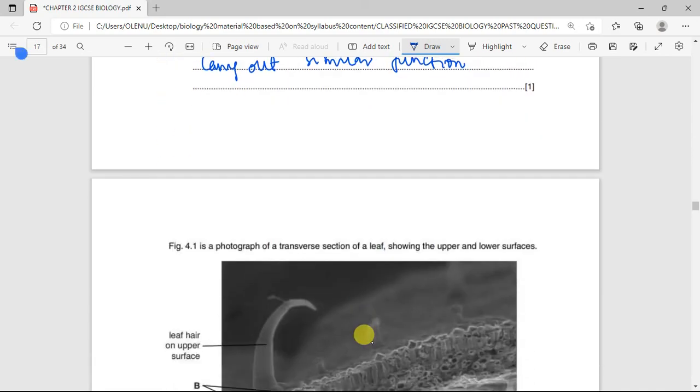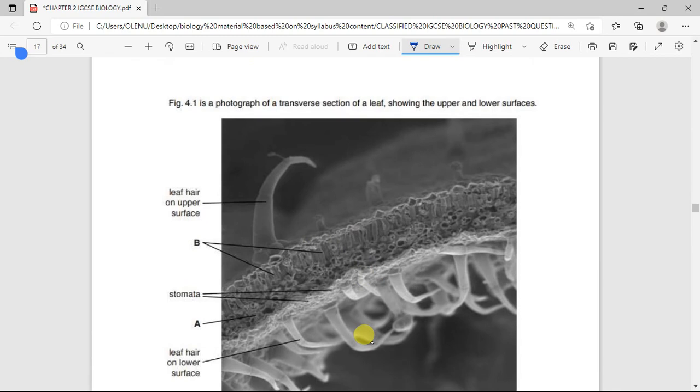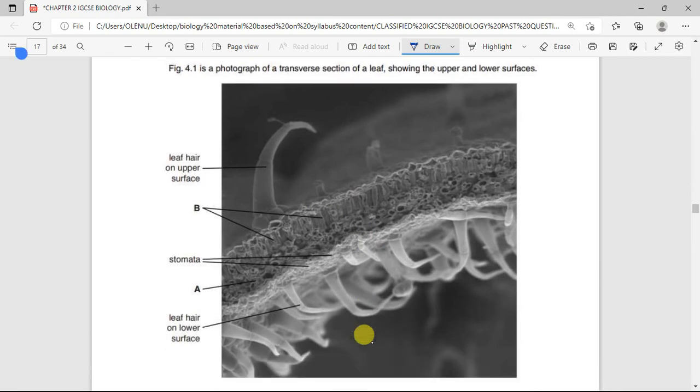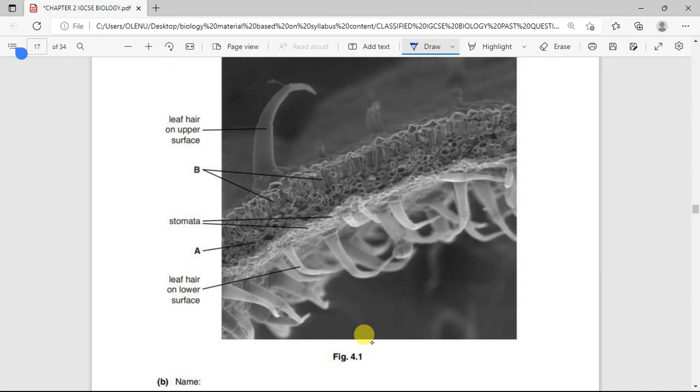That's it. Now they said figure 4.1 is a photograph of a transverse section of a leaf showing the upper and lower surface. Now, this is the upper surface. There's a leaf hair on the upper surface. So beneath the upper surface, your B is the palisade.